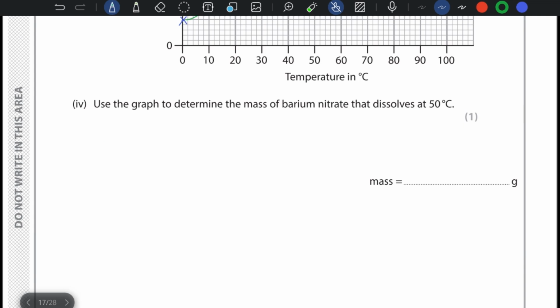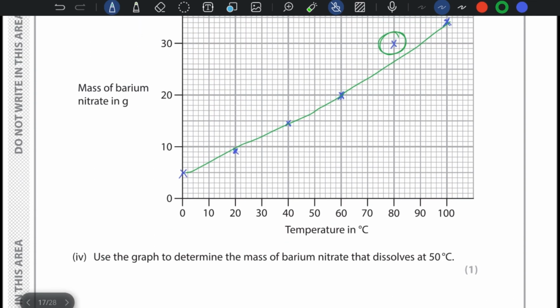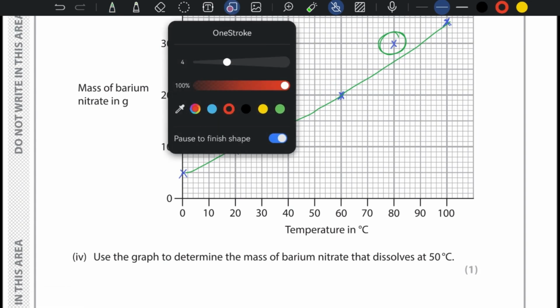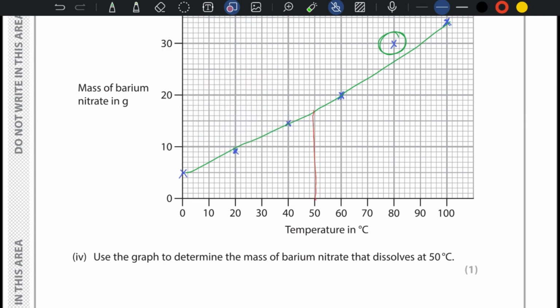Next question. He told us to use the graph to determine the mass of barium nitrate at 50 Celsius. At 50 Celsius, right here, we can get 17.